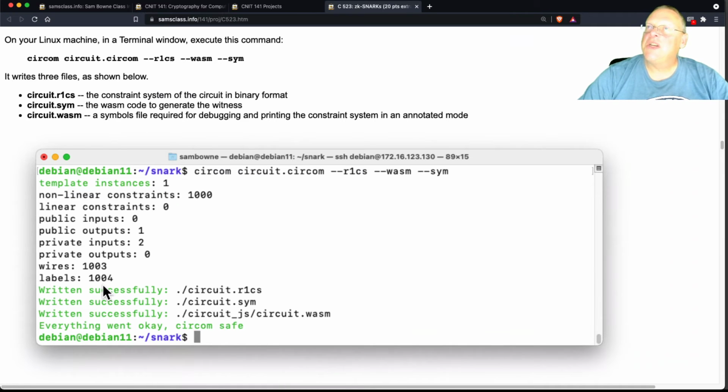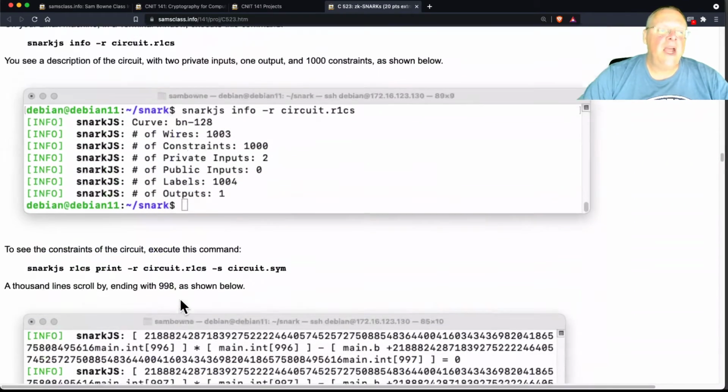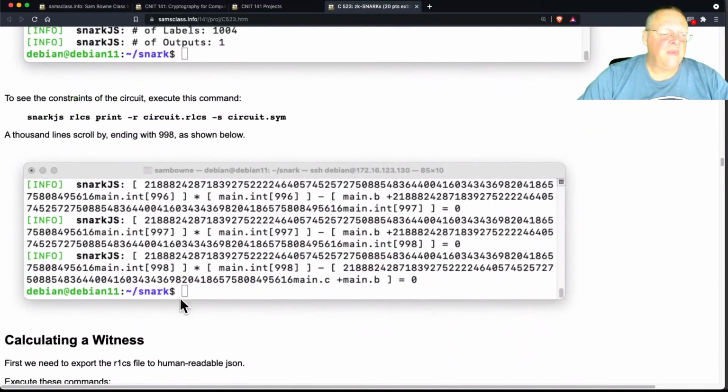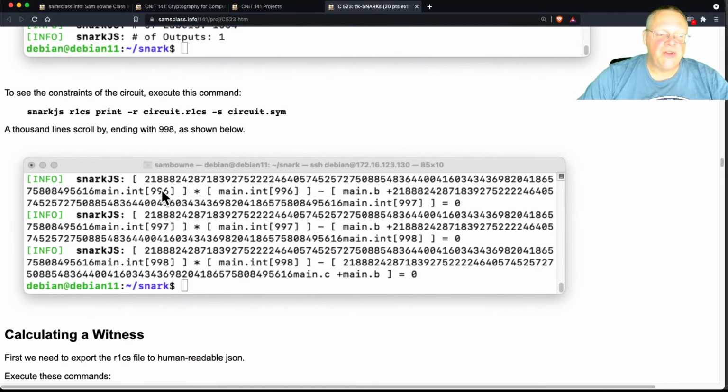This is the circuit diagram of the object you have created here. And now here's the constraints of the circuit, of which there are about 1,000 going up to 998.